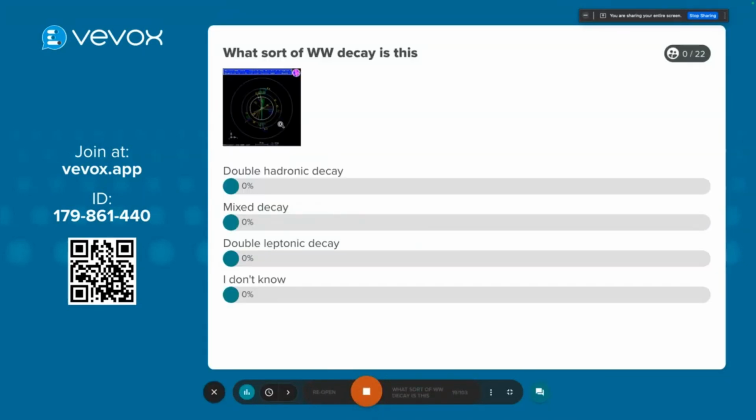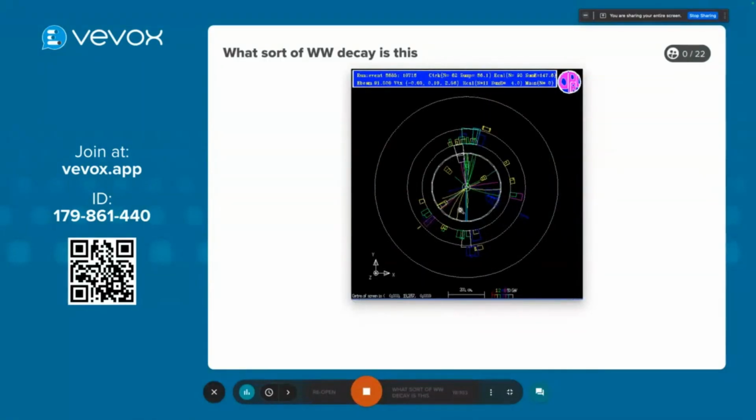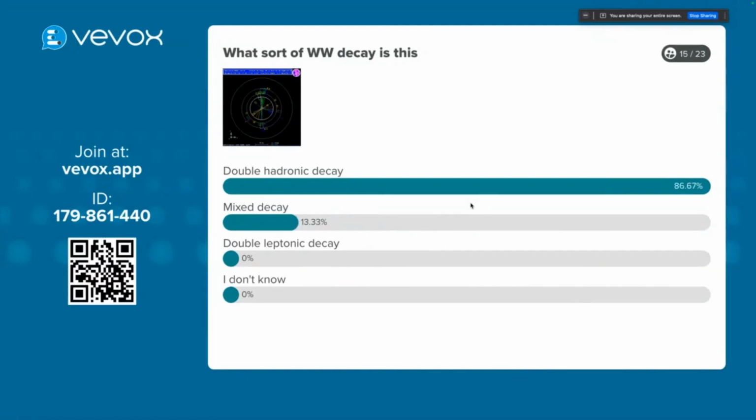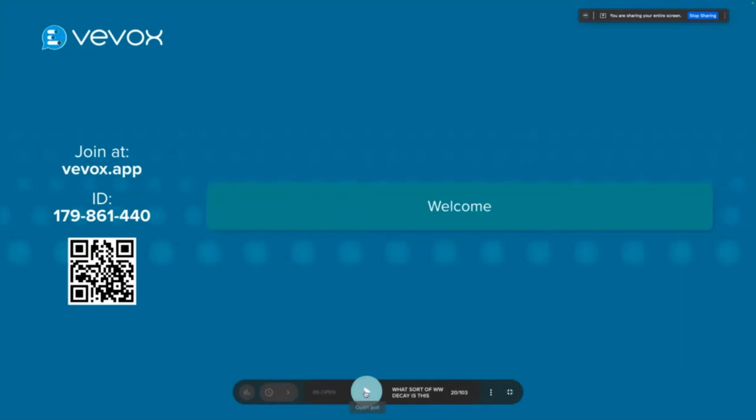Right, 3 more. This is looking pretty unanimous on the double hadronic front. So I'm going to agree with you there. Next one.